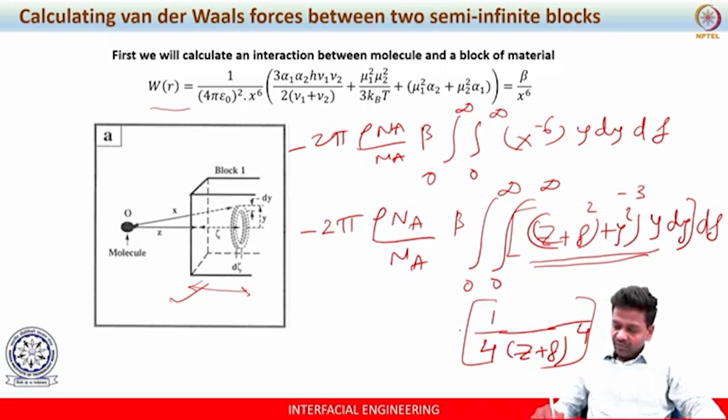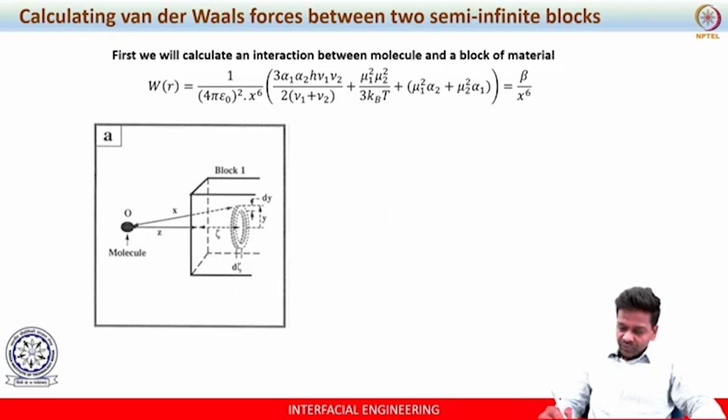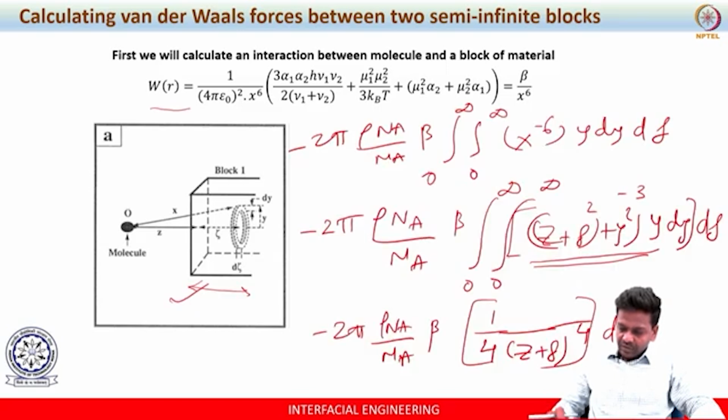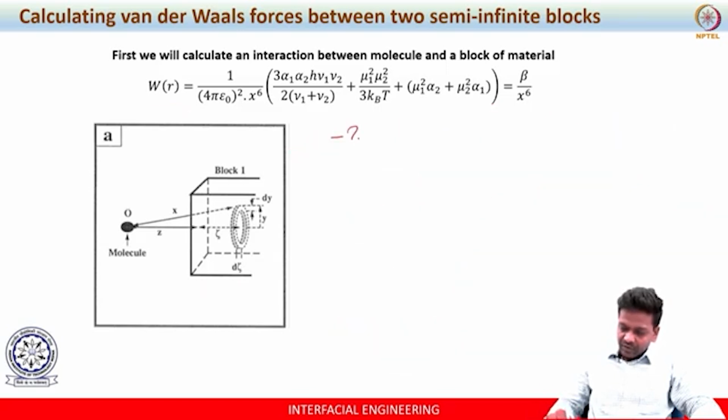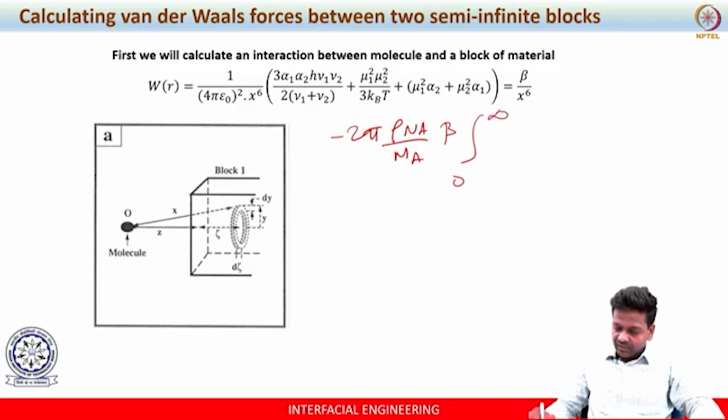What is left is another integration, that is d zeta, and this entire thing comes as it is. So we have minus 2 pi rho Na by Ma beta, divided by 4, and 1 by z plus zeta to the power 4 d zeta.